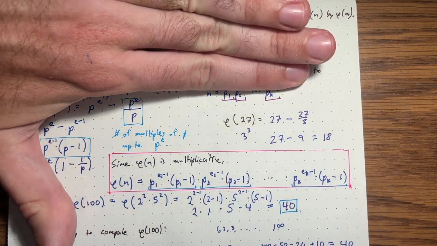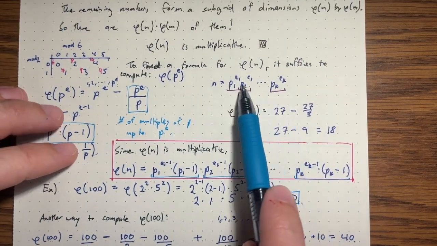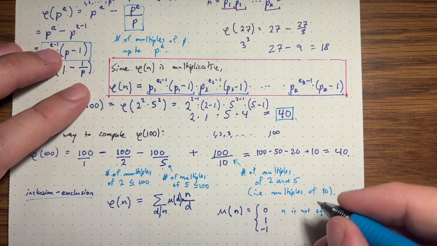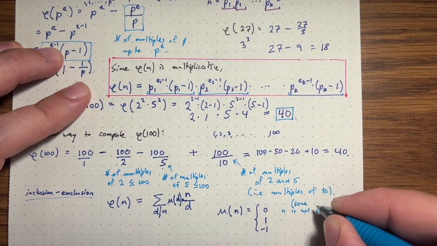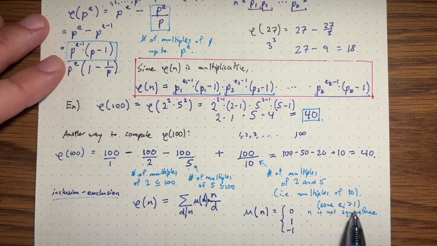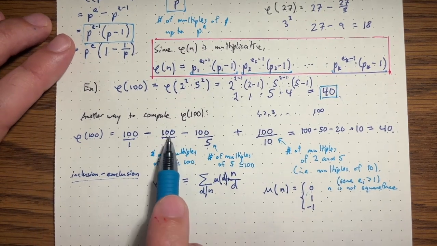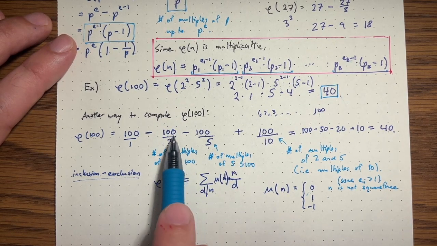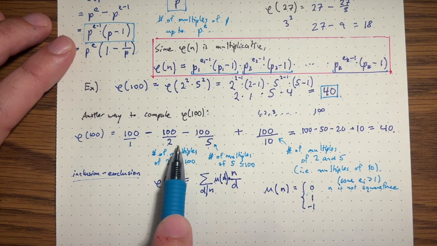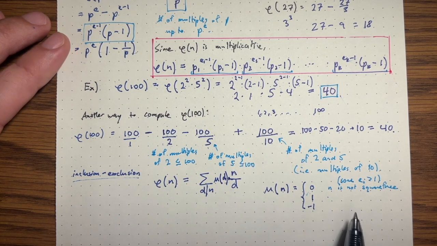You can't have a square dividing n. So if it's not square free, then there's some exponent e_i greater than 1. And as soon as we have an e_i greater than 1, mu of n is 0. So that automatically prevents us from including 100 over 4. We didn't want to include that because it's just a power of 2. So the mu function automatically makes this turn out the right way.